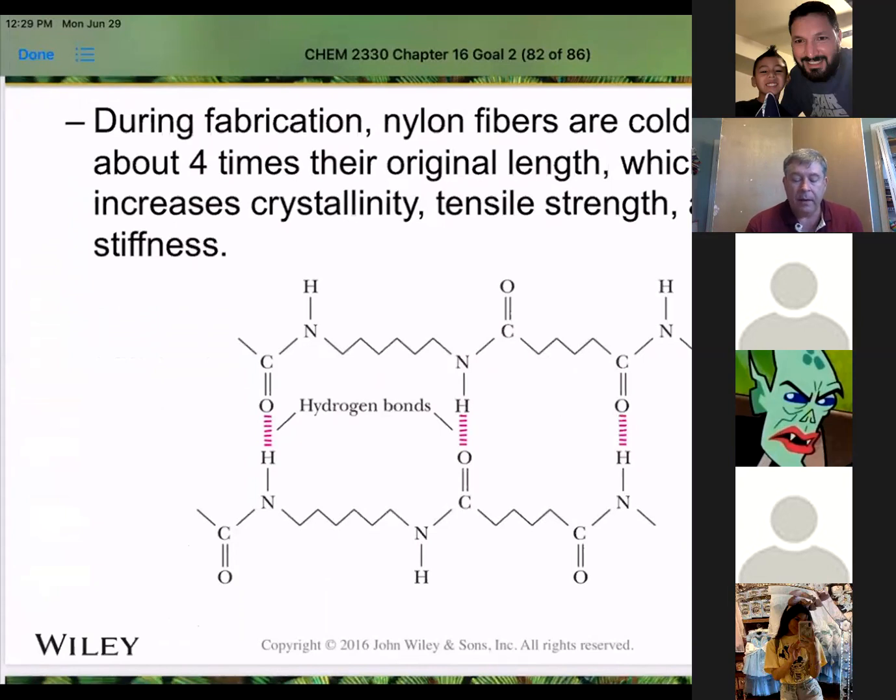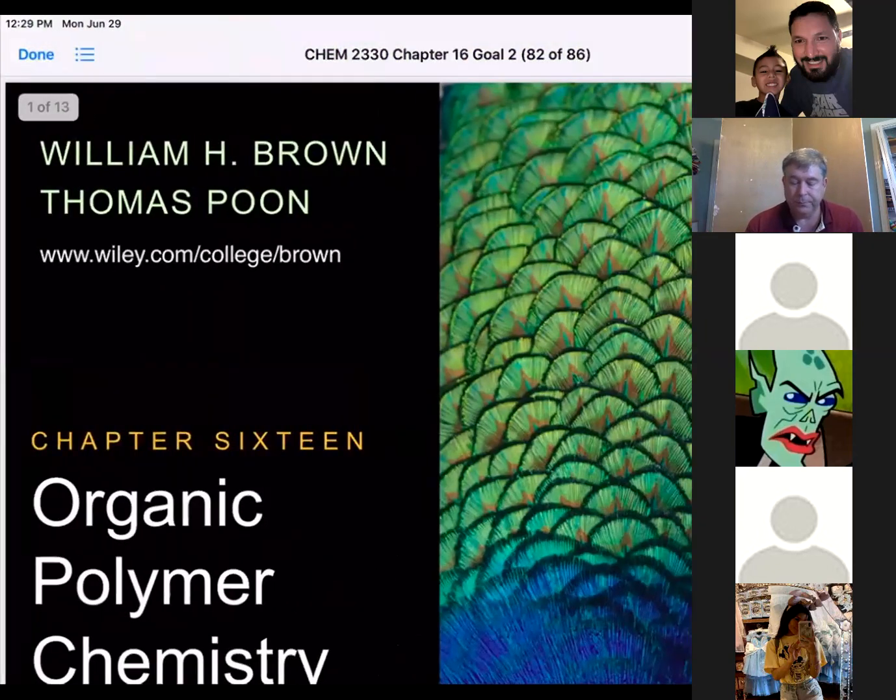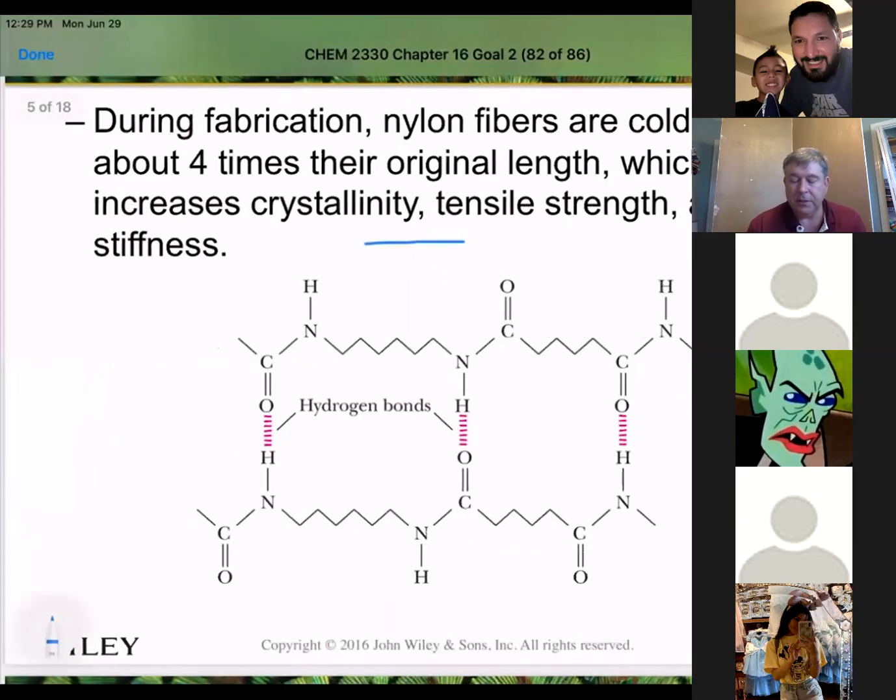So now, because the polymers aren't just going to go straight without a reason, what you do is you actually take the chains and you pull them. And this is called drawing out or cold draw. And when you pull them, that stretches all the single bonds out to their max length without breaking anything.